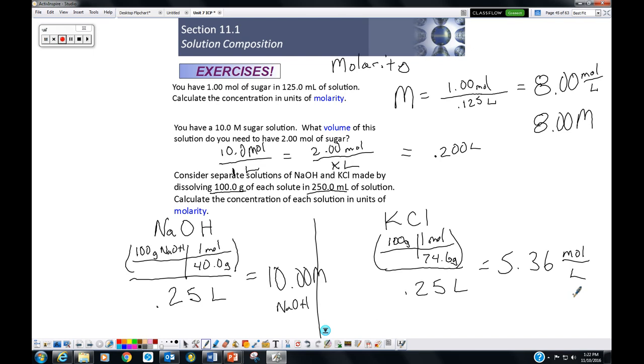And again, writing mole per liter or molar, either way is acceptable as your units. I prefer mole per liter because that actually kind of tells us what we have, and it helps us realize that for going the opposite way.